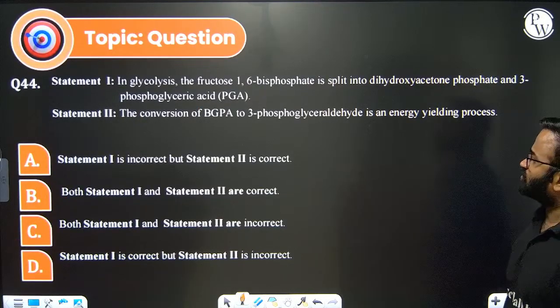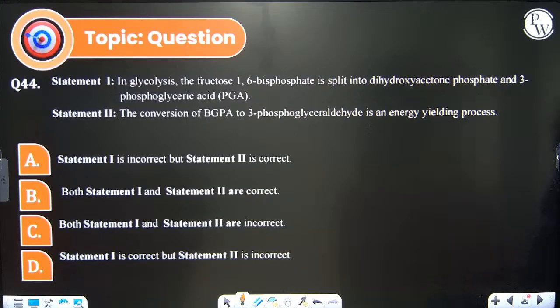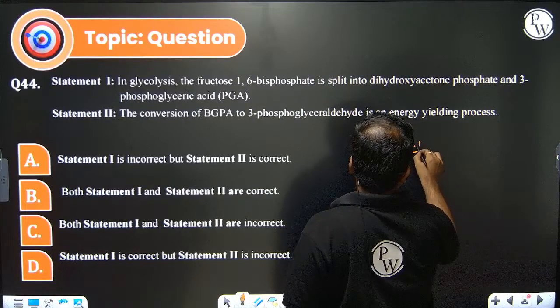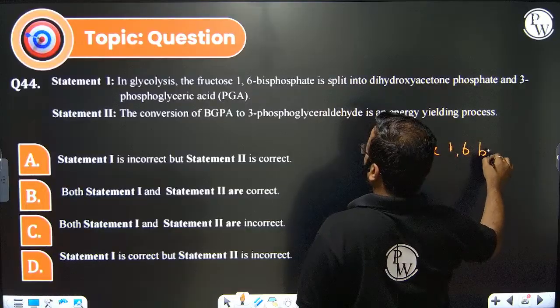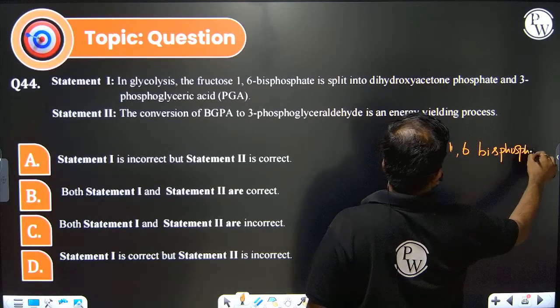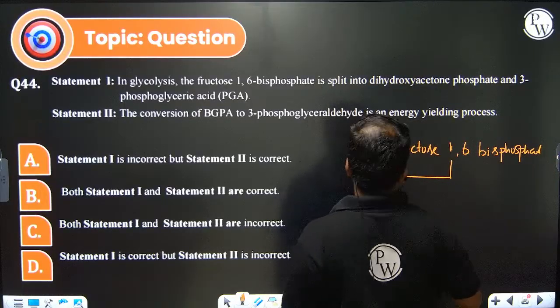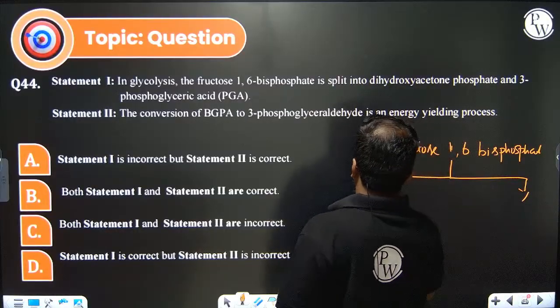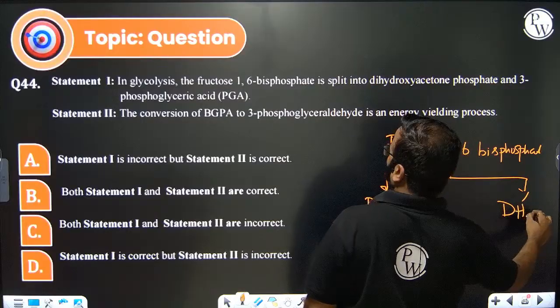In glycolysis, the fructose 1,6 bisphosphate is split into dihydroxyacetone phosphate and 3-phosphoglyceric acid, which sounds true to me. Let's read once again. In glycolysis, fructose 1,6 bisphosphate is split into PGAL and DAP, not PGA.